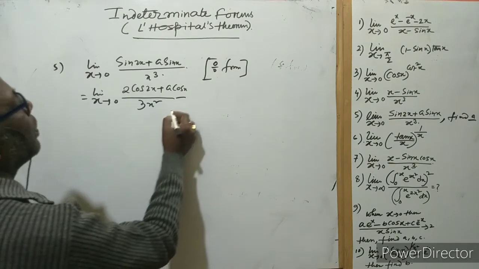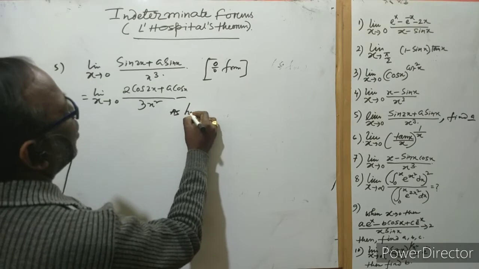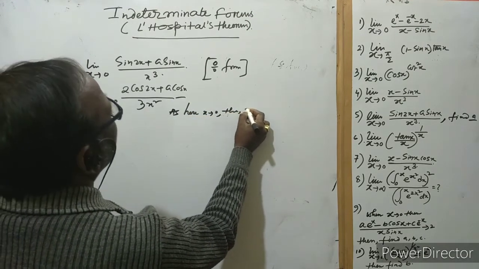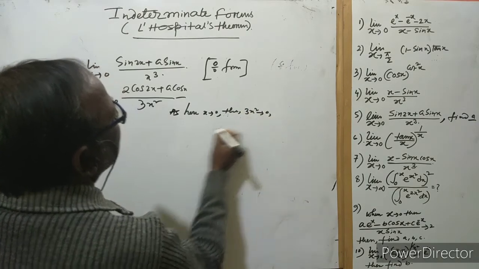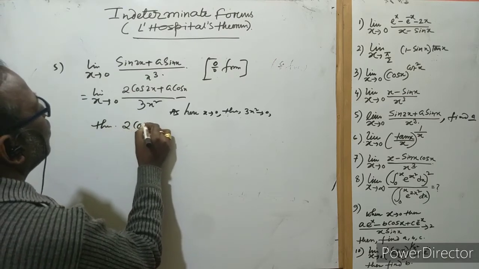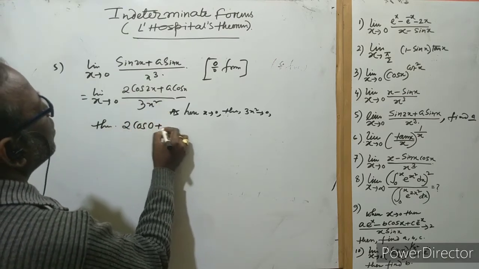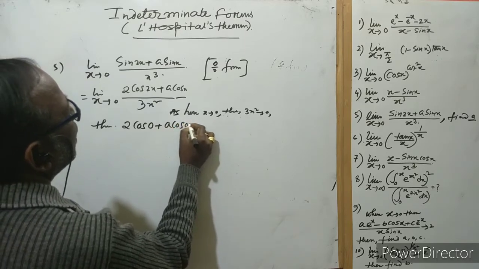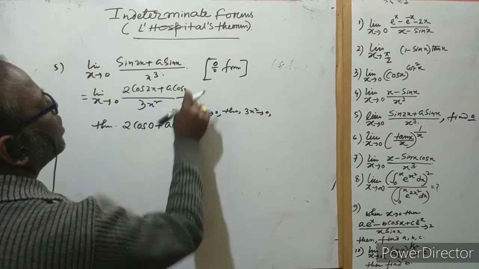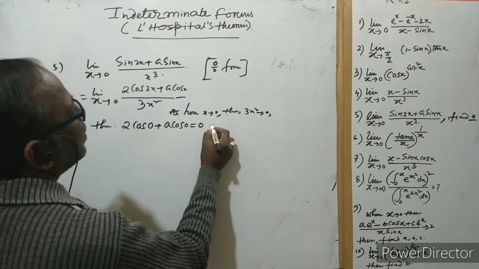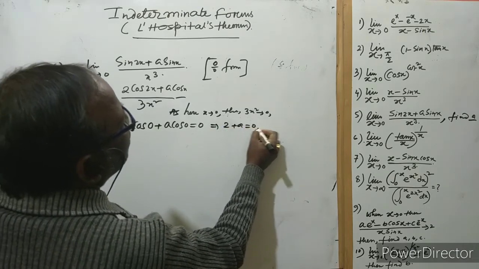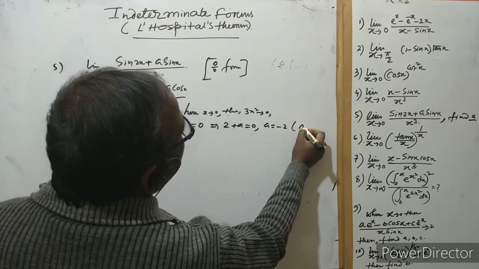So as x tends to 0, 3x square also tends to 0, then 2 cos 2x plus a cos x at 0 needs to be 0. As the denominator part is 0, the numerator part must also be 0, then we get a finite value, okay. So 2 plus a equal to 0, so we get here a equal to minus 2, this is the answer.